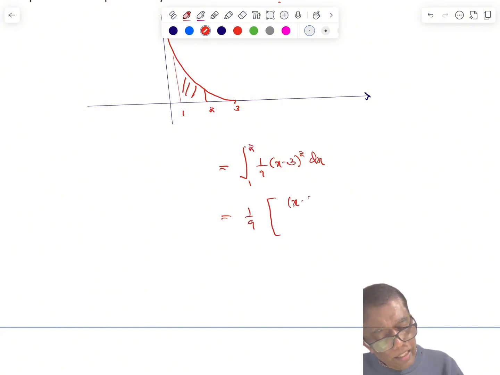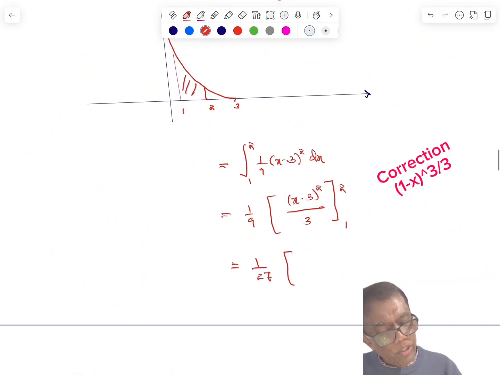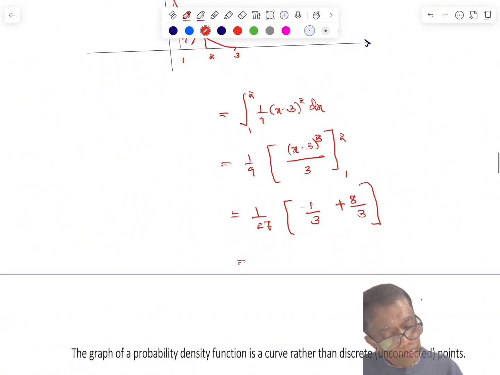1 over 9 times (x minus 3) cubed over 3, from 1 to 2. This is 1 over 27. You have to substitute the upper limit. The upper limit is negative 1 to the power of 3, negative 1, minus the lower limit, which gives plus 8 over 3.